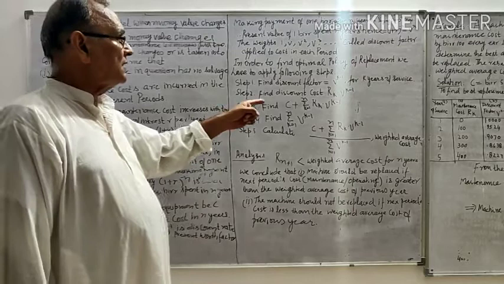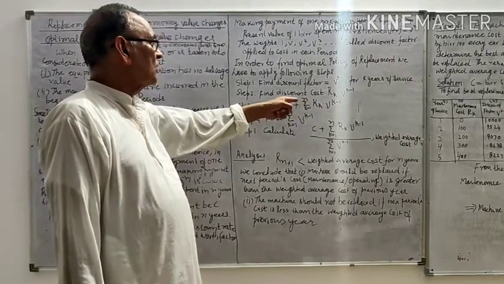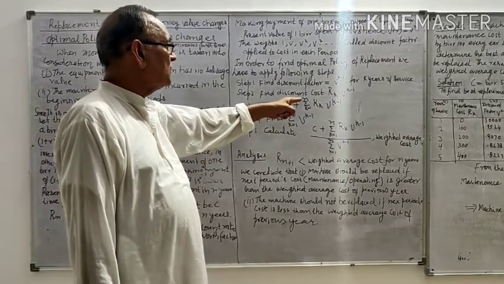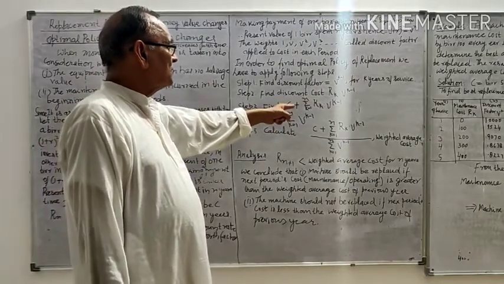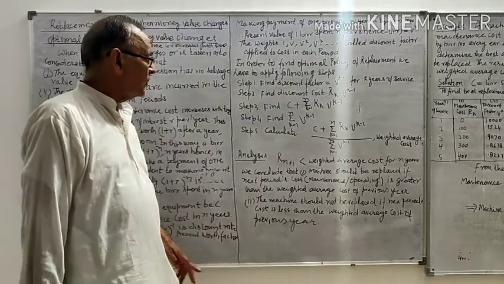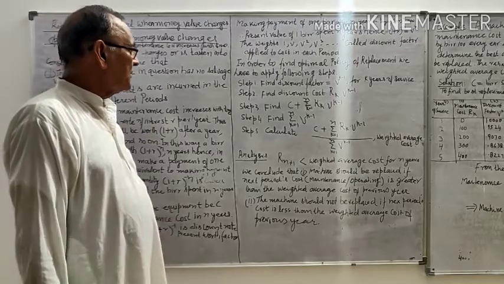Because when k is 1, V to the power 0 is 1 only, whereas when k is equal to 2 it is V, k equal to 3 it is V square, and so on.